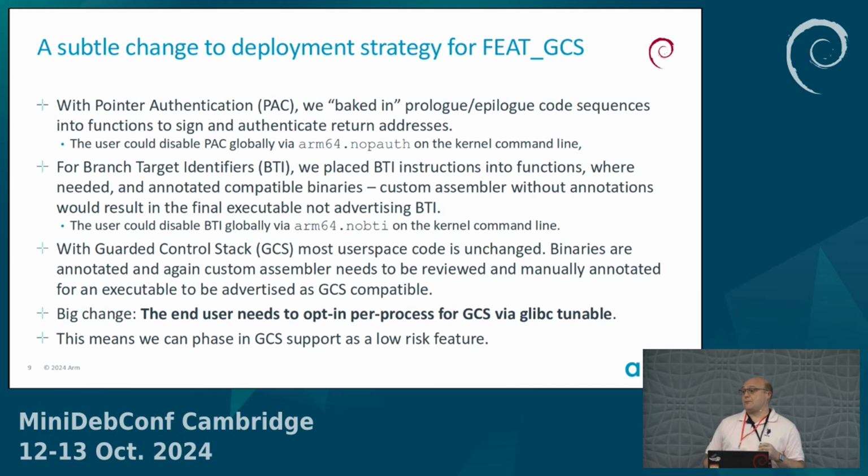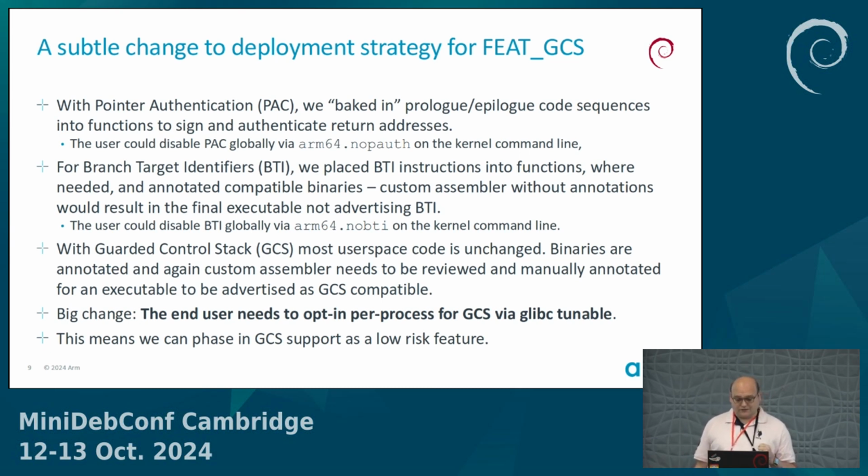And in order for a binary to be marked as BTI compatible, all the execution units at link time had to advertise that they were also BTI compatible. So the idea was, as the software was ported over to enable BTI, the only issues with BTI were things like assembler sequences. Then again, it would be enabled by default once the executable advertised that it was enabled. One could disable BTI globally, again with a kernel command line.